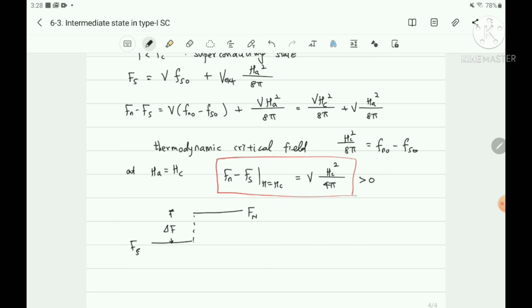We call it a superconducting energy gap, and it is at critical magnetic field. Superconducting energy gap is related to the critical magnetic field.